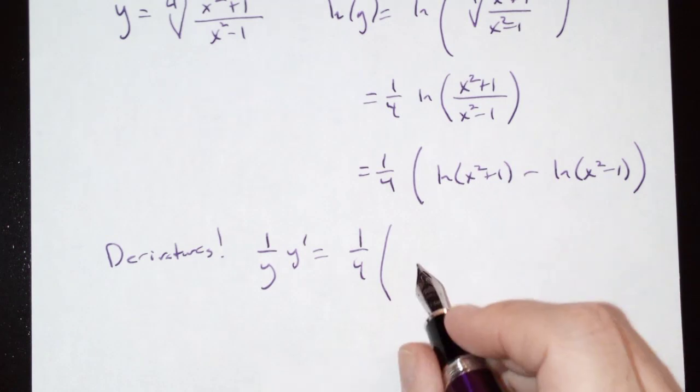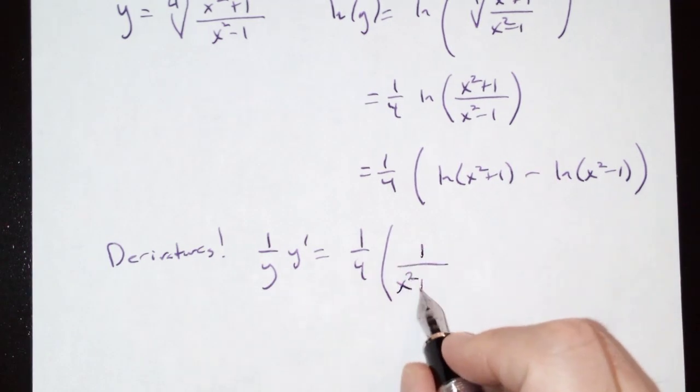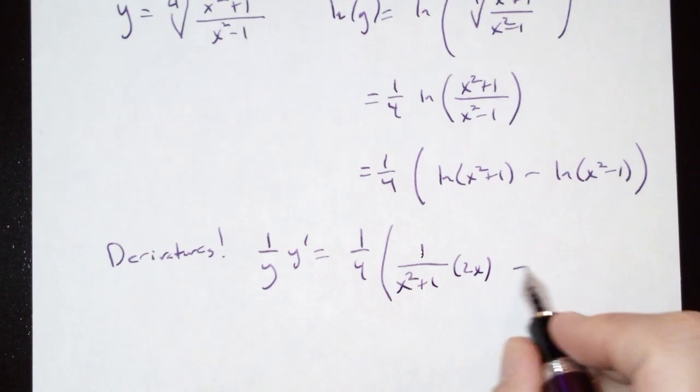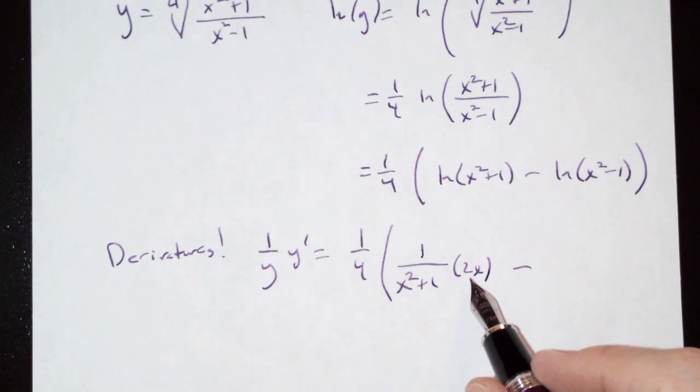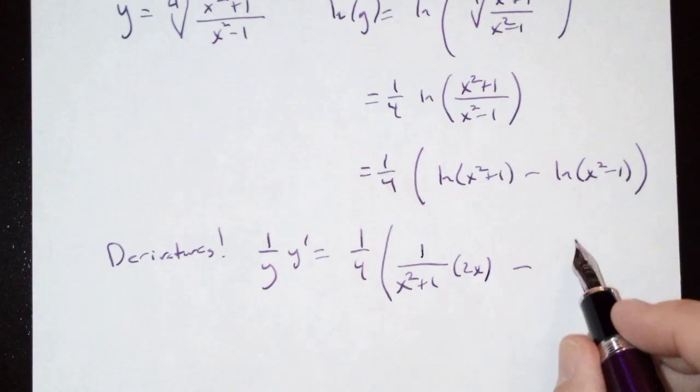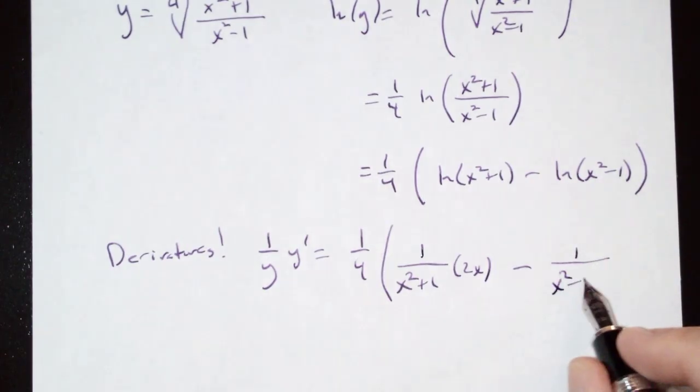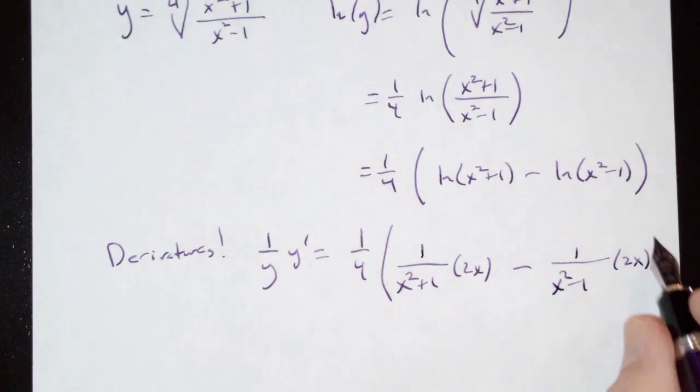One over x squared plus one. Exactly. 1 over stuff, chain rule. And then here, 1 over stuff, chain rule.